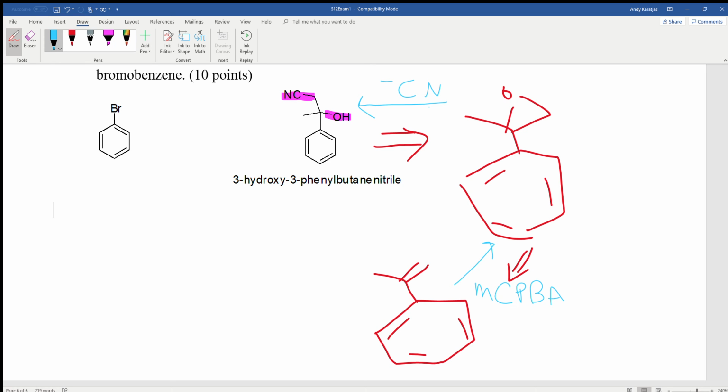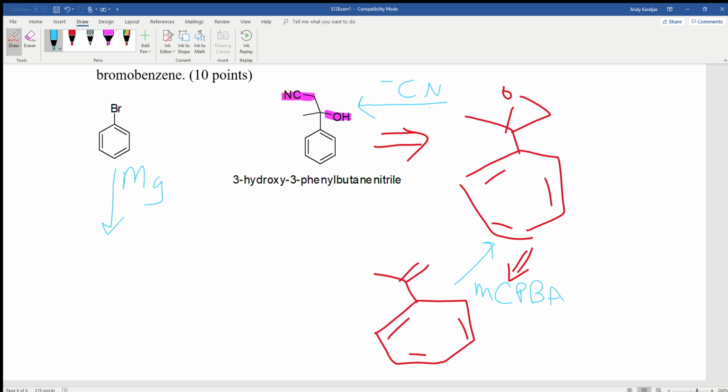Now here it's a little bit more challenging. We have this alkene that we need, but we also need to add in some carbons. And the easiest way we have to add in carbons is using a Grignard reaction. So if we go forward from the beginning, we add magnesium. That'll make our Grignard reagent.